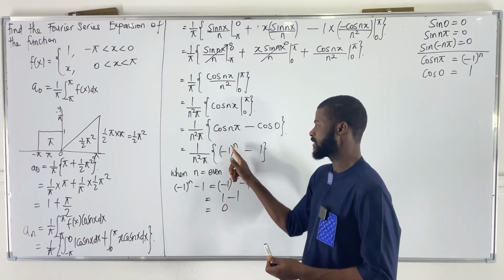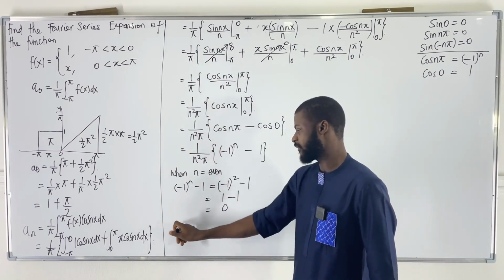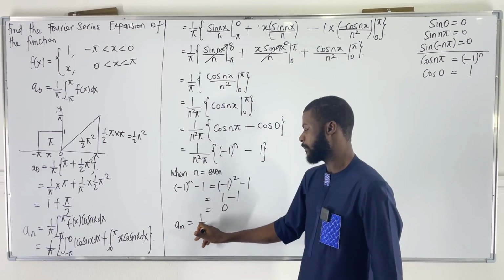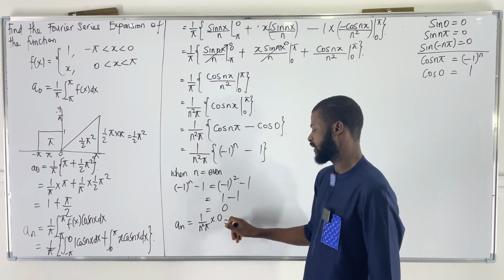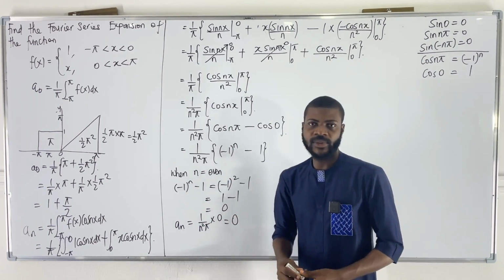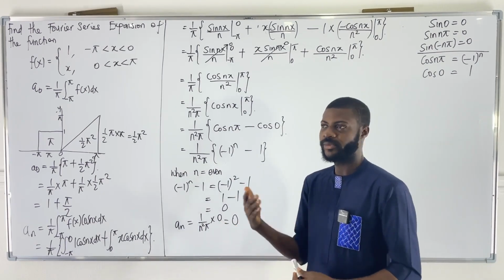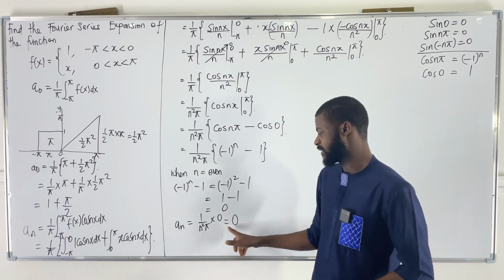Now, if this bracket is 0, that means that a sub n, which we've been looking for, would become 1 over n squared pi times 0, so everything here becomes 0. So instead of putting n equal to 1, n equal to 2, n equal to 3, provided we are putting 2, which is even, we'll get 0.